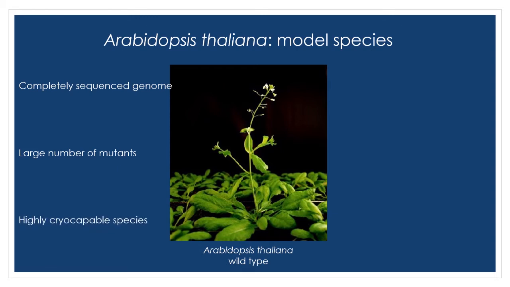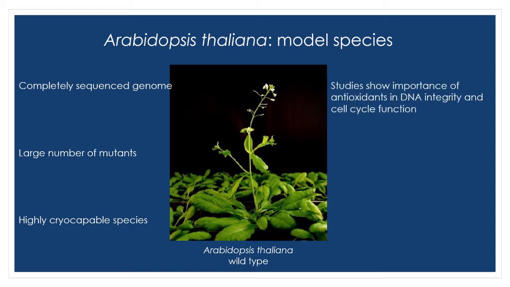Another fact is that wild-type Arabidopsis thaliana has shown itself as a highly cryo-capable species, which comes very handy when you have to do the cryopreservation and when you have very good survival and regeneration rates.